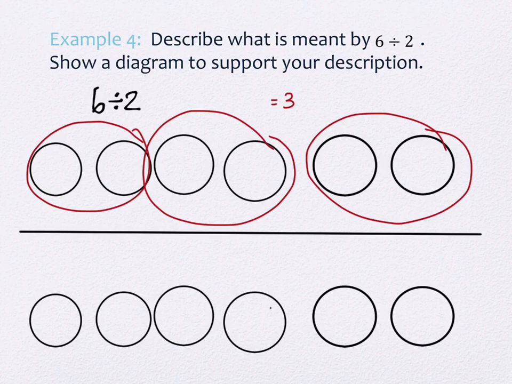The other way to take a look at this division is to talk about splitting this into 2 groups. So instead of groups of 2, I have 2 groups. This image is, I've got 6 cookies, and I have 2 people that are going to get the cookies, right? So it's not based on how many cookies I'm going to give them, it's based on the number of groups that I want at the end.